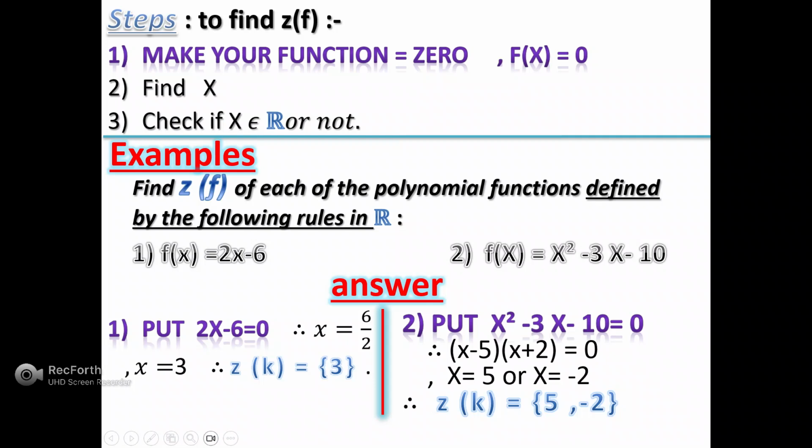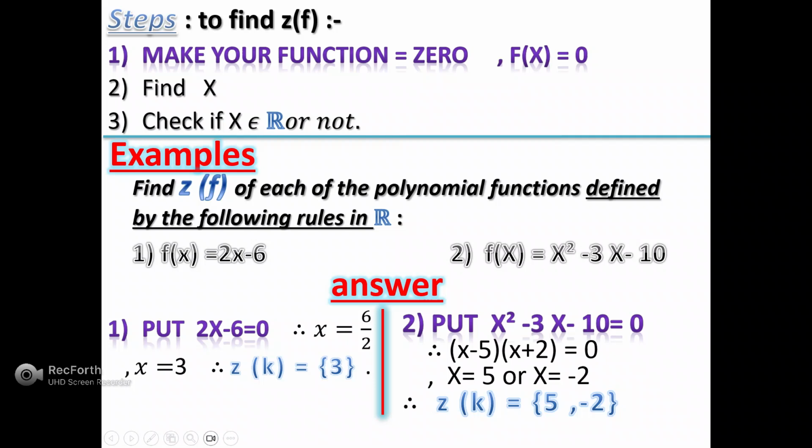Now we have two brackets equal 0. We have a fact in math: if the product of two numbers equals 0, then one of them equals 0, sure. Then x minus 5 equals 0, so x equal 5, and x plus 2 equals 0, so x equal negative 2. Check: 5 and negative 2 belong to real numbers, yes, then 5 and negative 2 are the 0s of this function.